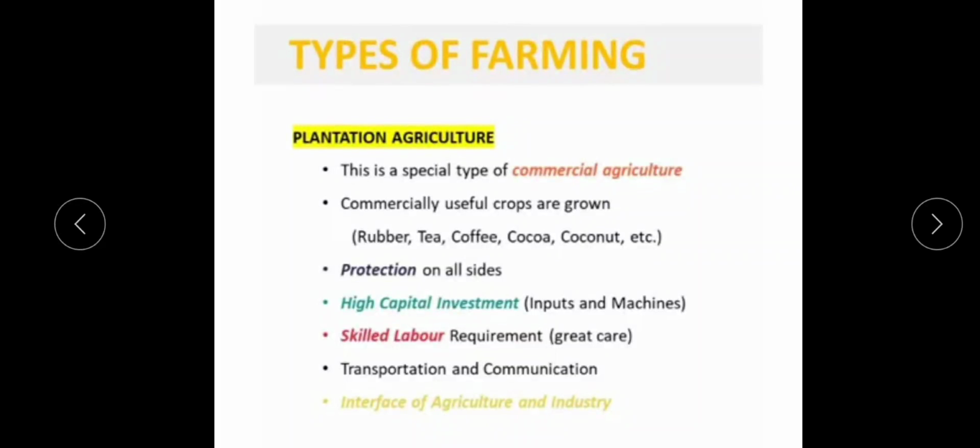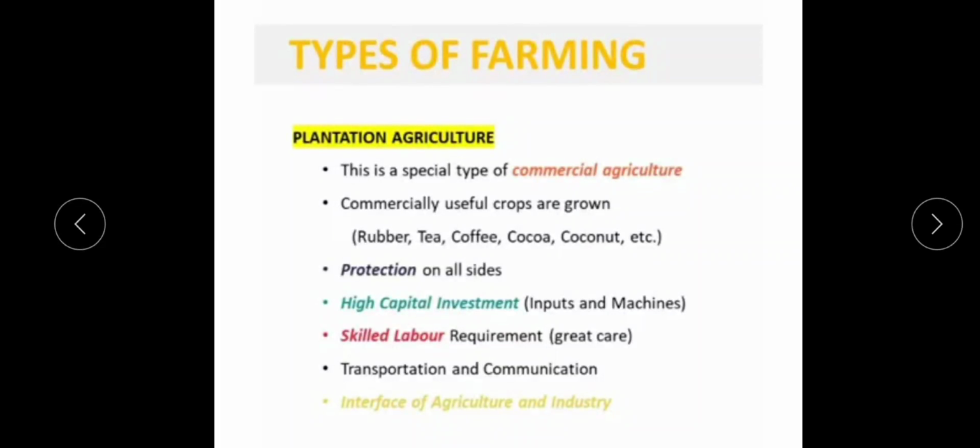It requires high capital investment, inputs and machines, protection from all sides, and skilled labor, because great care should be taken. So this is what is called plantation agriculture.